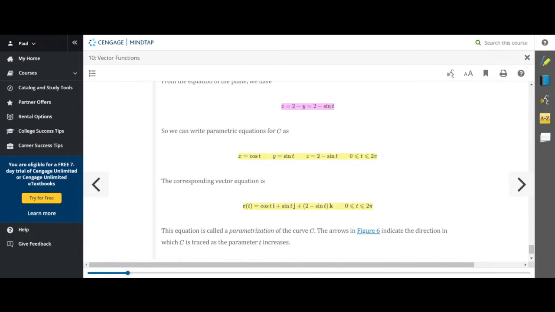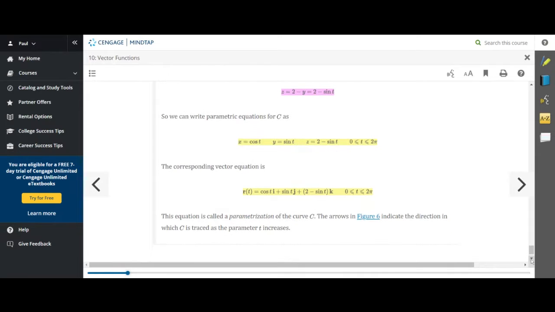That vector equation is the parameterization of the curve C. It's no different than when you had parametric equations with two-dimensional things like circles and parabolas.